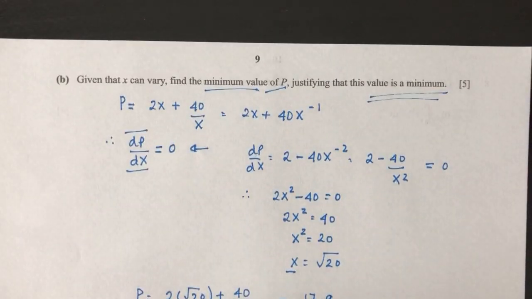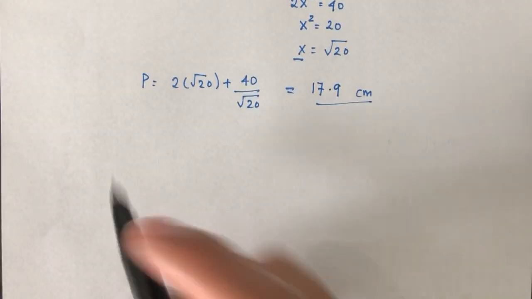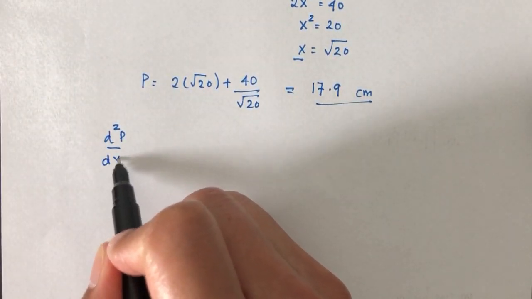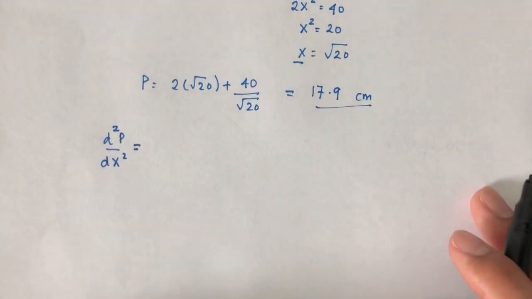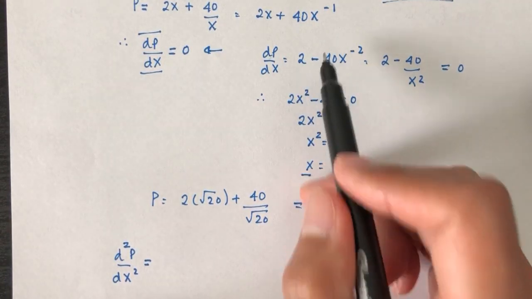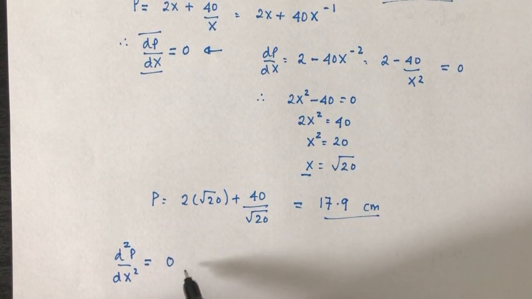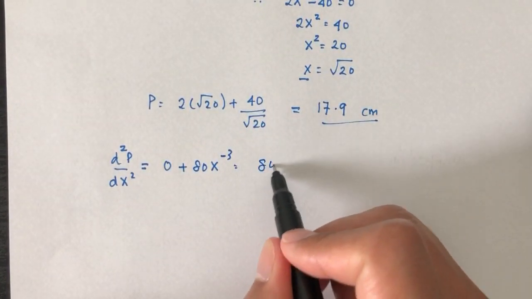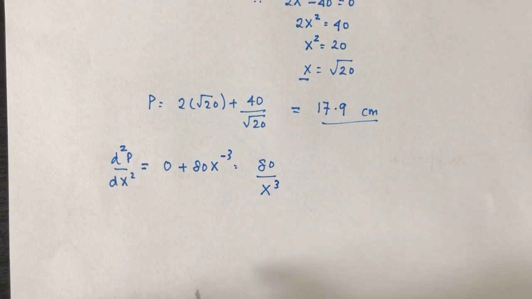To find if it is a minimum value, we have to find d2p by dx2. So let's find that. We know dp by dx is this, so we have to differentiate one more time. That will be 0 plus 80x to the power of minus 3, so that will be 80 over x cubed.